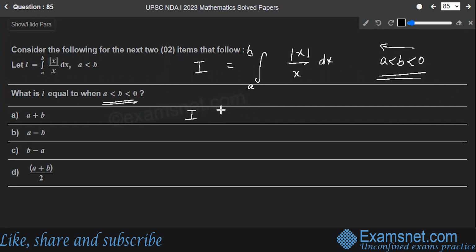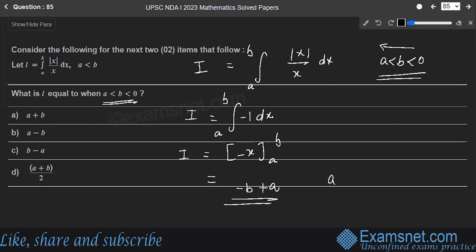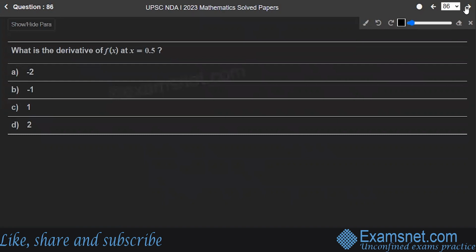It's moving on the negative side. So this will be minus 1 dx from a to b. So integral is equal to minus x, which will be minus of b minus of minus a. That means a minus b is the answer. Hope you got this. Next is question number 86.